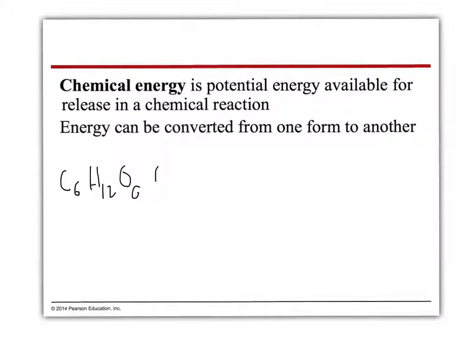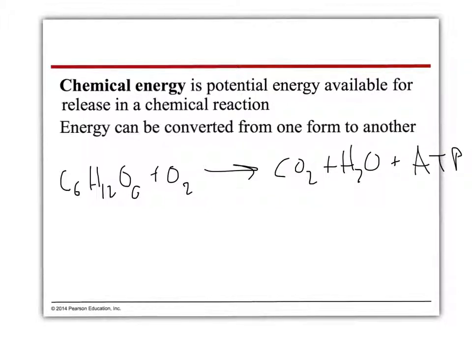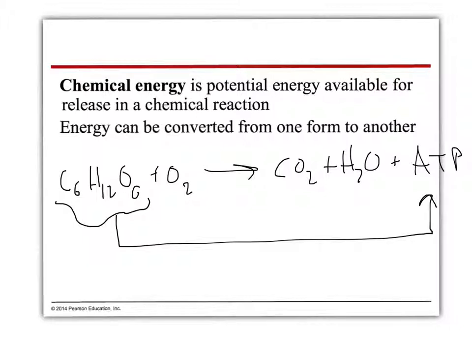C6H12O6 plus oxygen yields CO2 plus water plus what? ATP. All right? So the chemical energy in glucose has been transformed into another form of chemical energy, ATP, which the cells will use to do work.